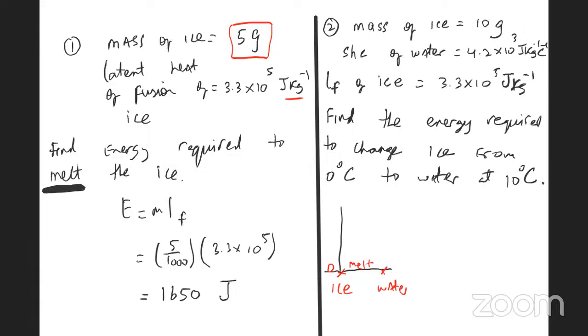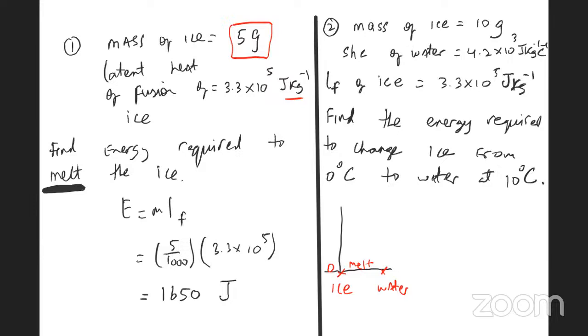When you heat it further, what will happen? It's already water. What will happen to it? No, it wouldn't evaporate. When all the ice melts and is now water at 0 and you heat it, the temperature will start to increase.